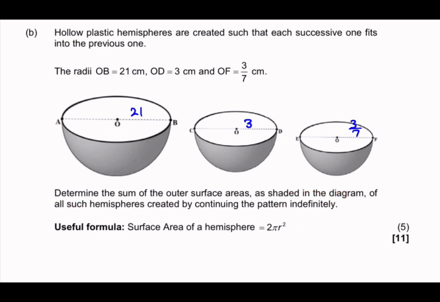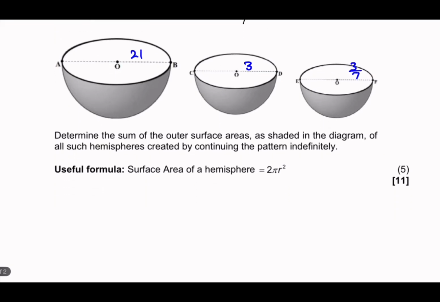If we continue the pattern indefinitely, we can find exactly what the sum is going to be. This is obviously a sum to infinity question because you're continuing indefinitely, and you will see the ratio is also between -1 and 1.